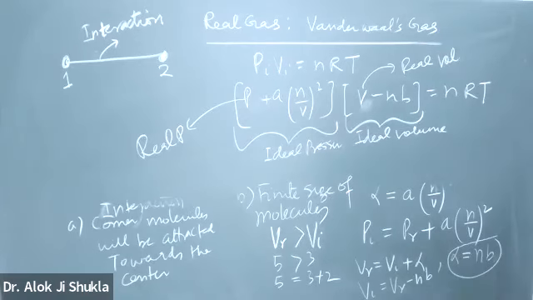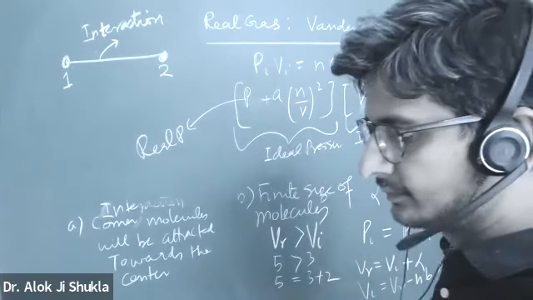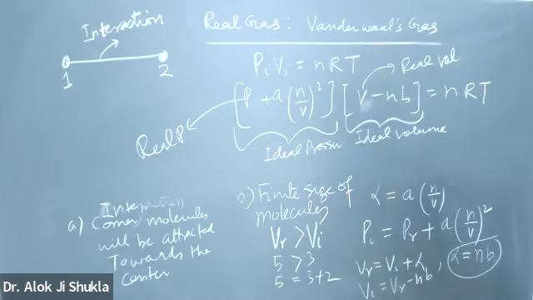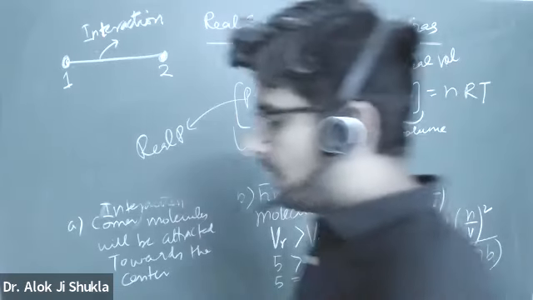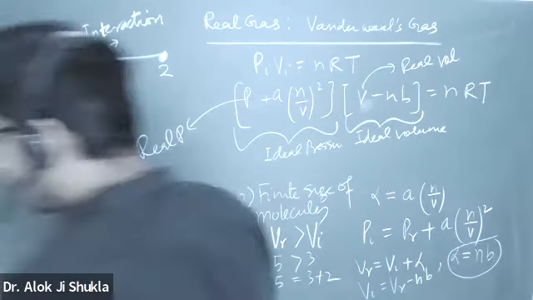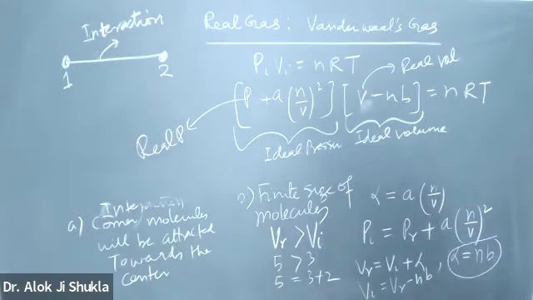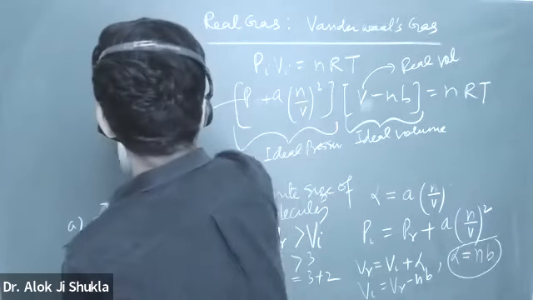Understood this van der Waals concept? Tell me. Yes, sir. So now, can I erase all this? Or does anybody want to ask anything? Okay, so let me erase all this.